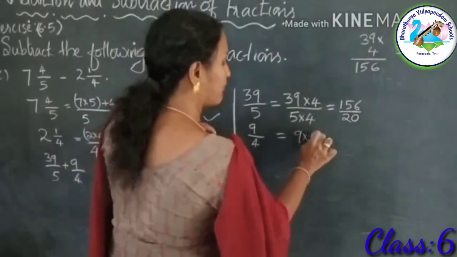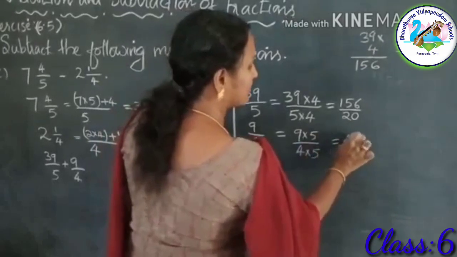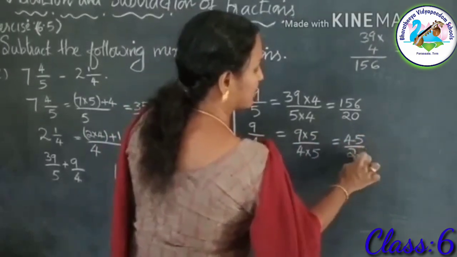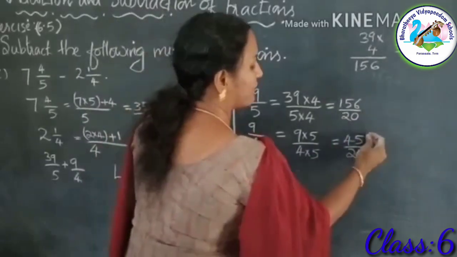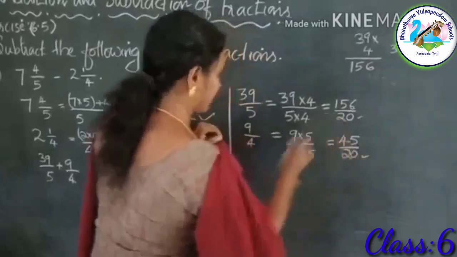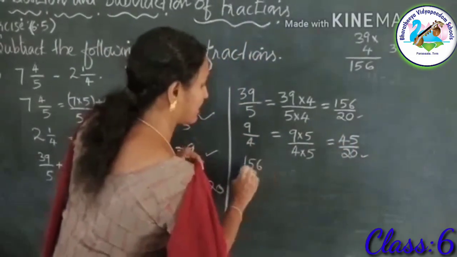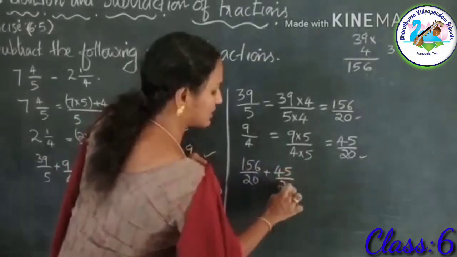So 9 into 5 divided by 4 into 5 is equal to 45 by 20. 156 by 20 and 45 by 20 are like fractions. The denominators are same. So we add 156 by 20 plus 45 by 20.